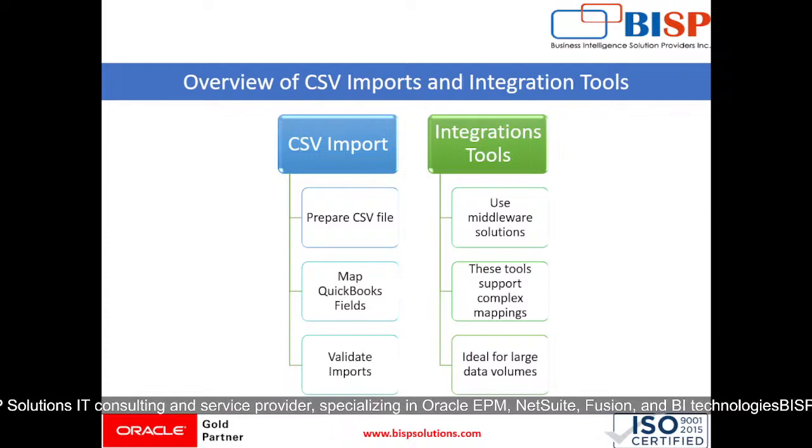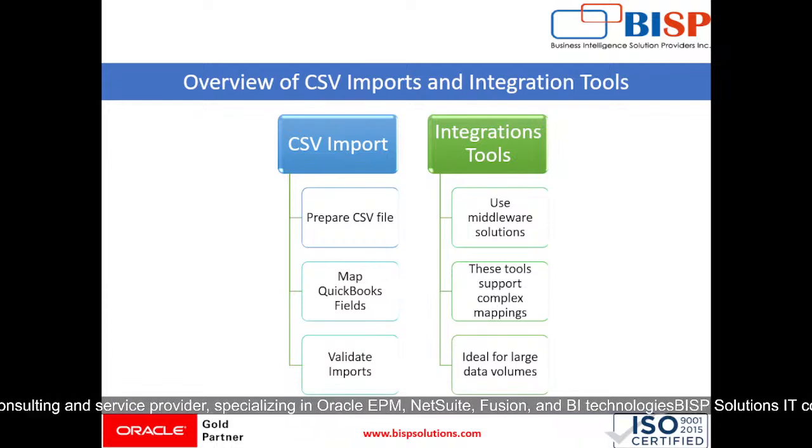Then come our integration tools, where we will be using middleware solutions like Celigo, Boomi or SweetTalk for automated data transfer. These tools support complex mappings, real-time synchronization and error handling, and are also ideal for large data volumes or scenarios requiring QuickBooks and NetSuite to coexist temporarily.